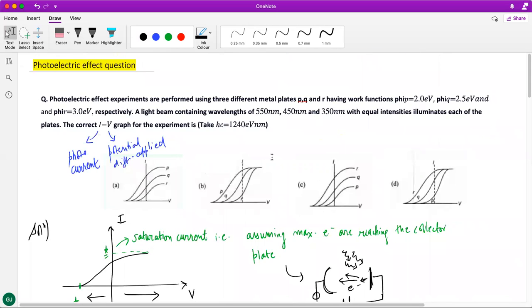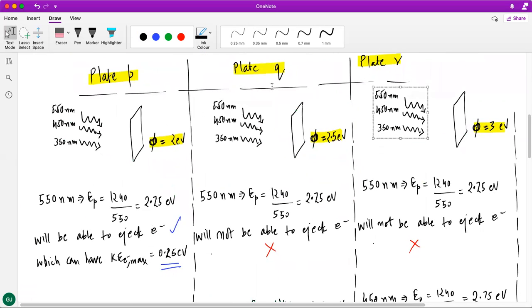However, in case of plate Q, the energy of the 550 nanometer photon is lesser than the work function, and hence that radiation will not be able to eject the electrons. And same goes for plate R: the 550 nanometer radiation will not be able to eject the electron because the energy of the photon is less than the work function.